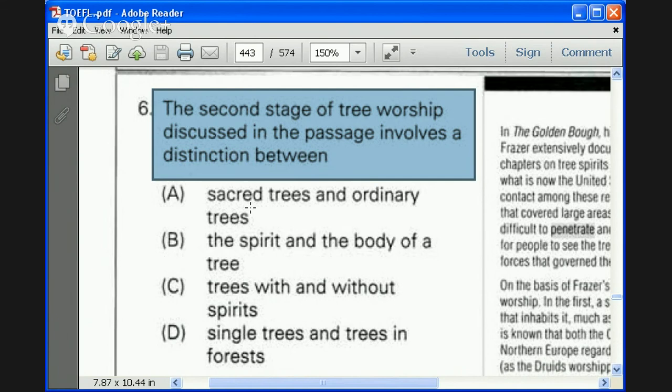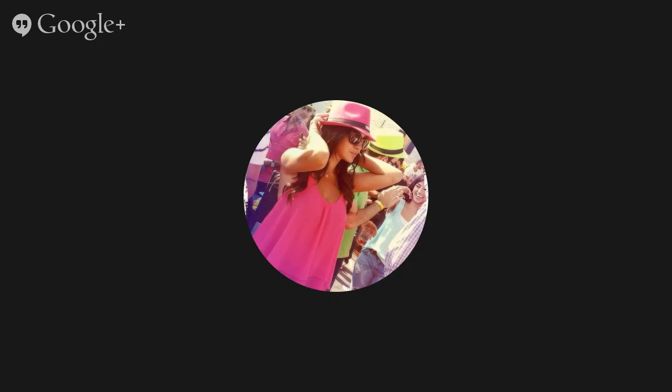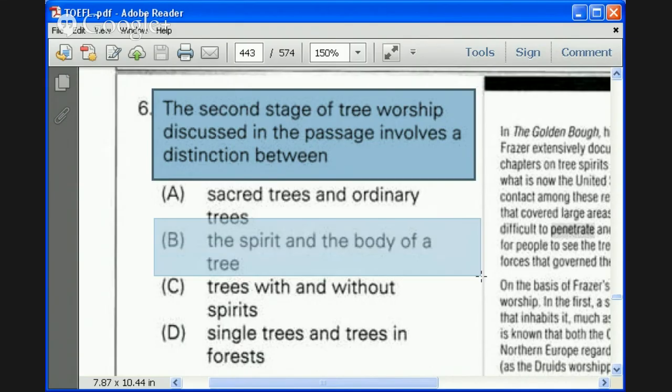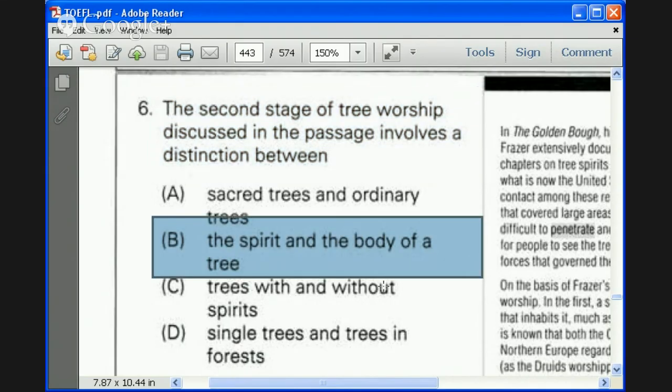Sometimes you might be able to get the questions if you did a good enough skim. If you recognized, for example, and summarized to yourself stage one, stage two, stage three, you knew this was going to come up in a question. It always does. Yes, it's letter B, the spirit and the body of the same. I agree with you. Very good.